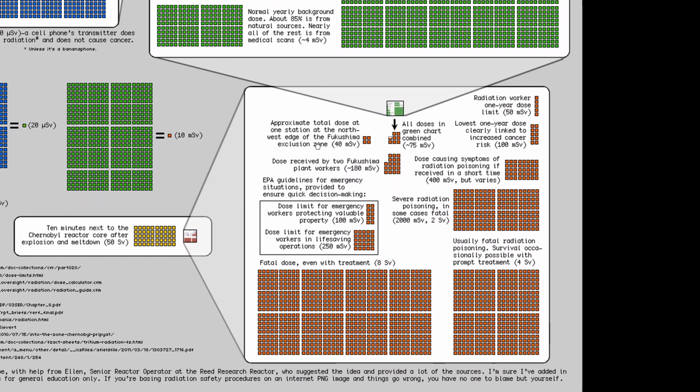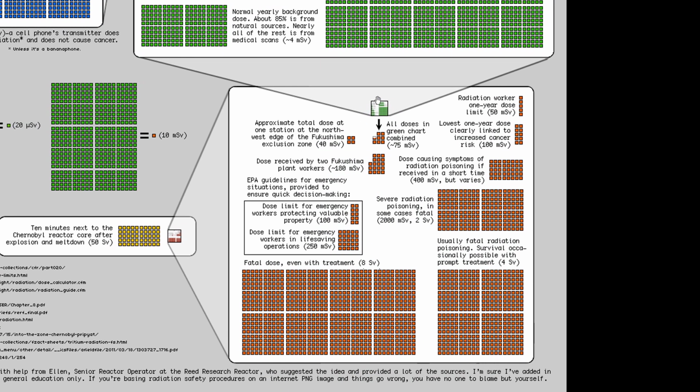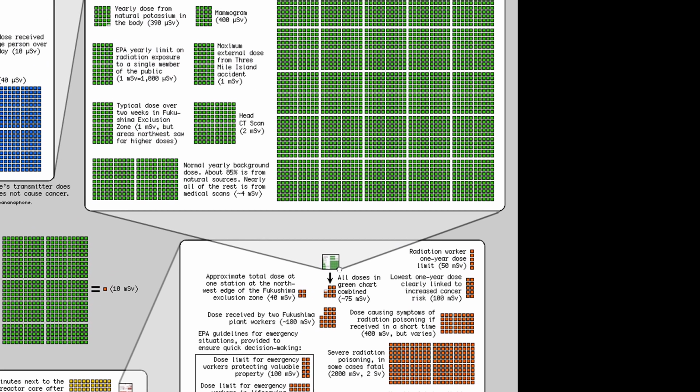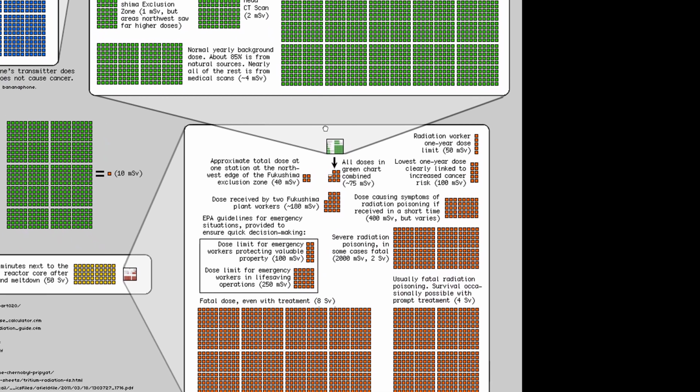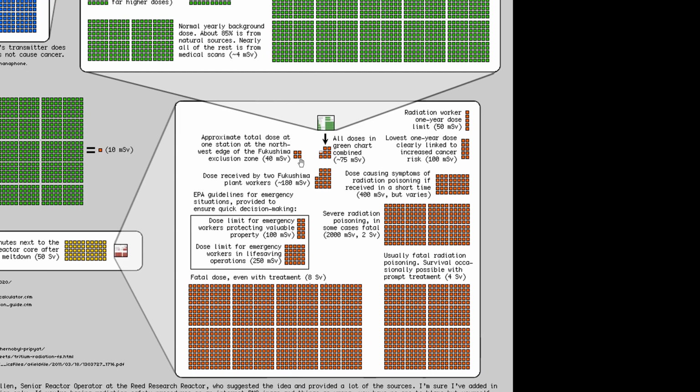If we go down even more, that will relate to some of these doses that exist. For instance, 2 Fukushima plant workers actually received 180 millisieverts, which, if you recall, in the United States, 50 is the maximum yearly dose allowed, and they received 180, which is about 3.5 times that.